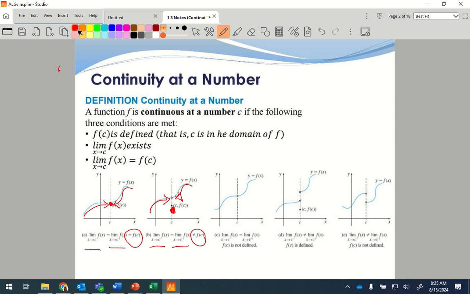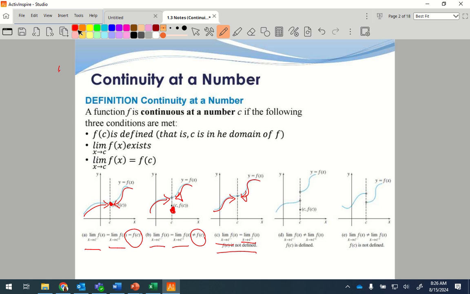Next one here, left side is equal to the right side, and F of C is undefined. That is not an asymptote, that is a hole. Sorry. We'll get into asymptotes later. So that's going to be a hole right there.